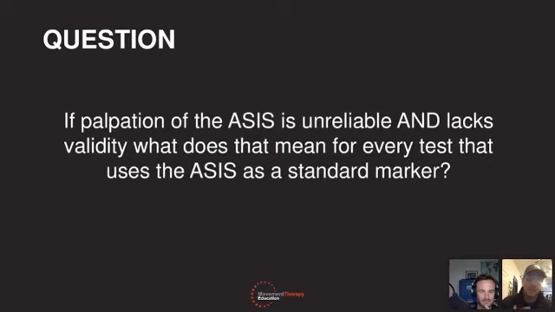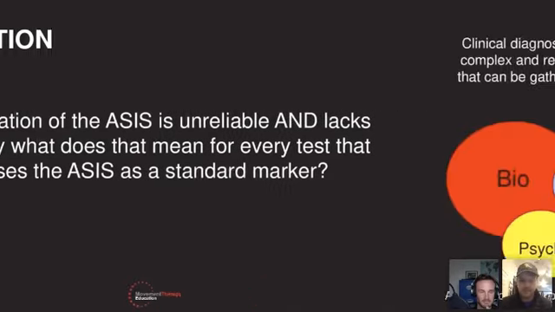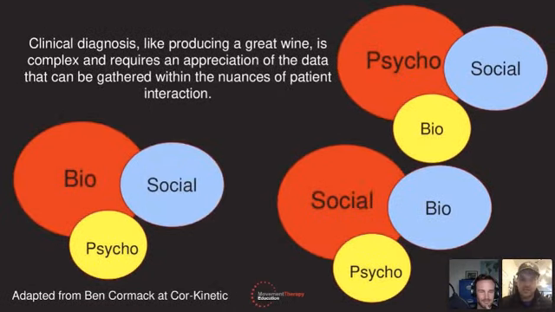Now, where does that leave us in the clinic when we're getting taught these tests where you have to palpate PSIS and ASIS levels? It makes you think about what you're doing, and it will change the way you say things and the way you do things.